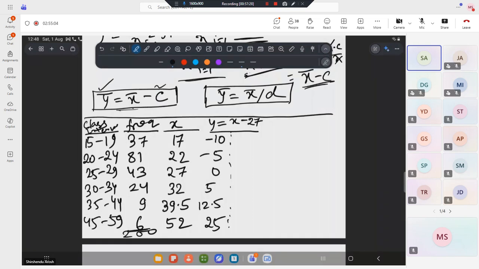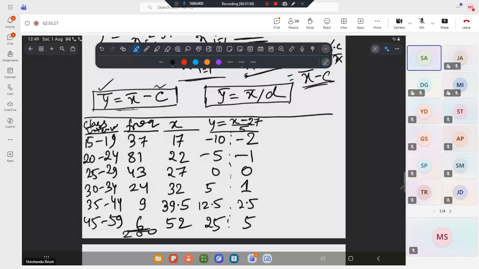So what if I add the change of scale here? Because at least from these numbers I can find the pattern. There is a 5 in them. If I divide these numbers by 5, I can further reduce them. If I do this, it becomes minus 2, minus 1, 0, 1, 2.5.